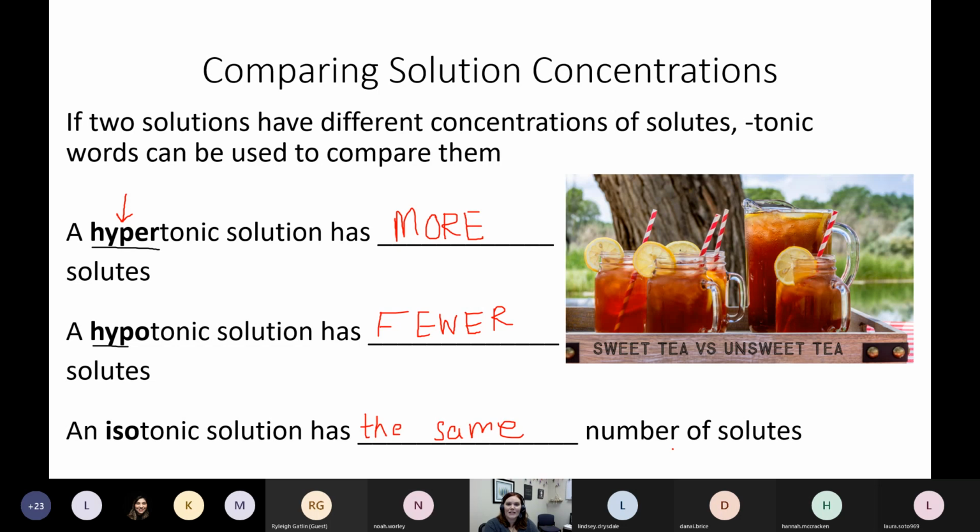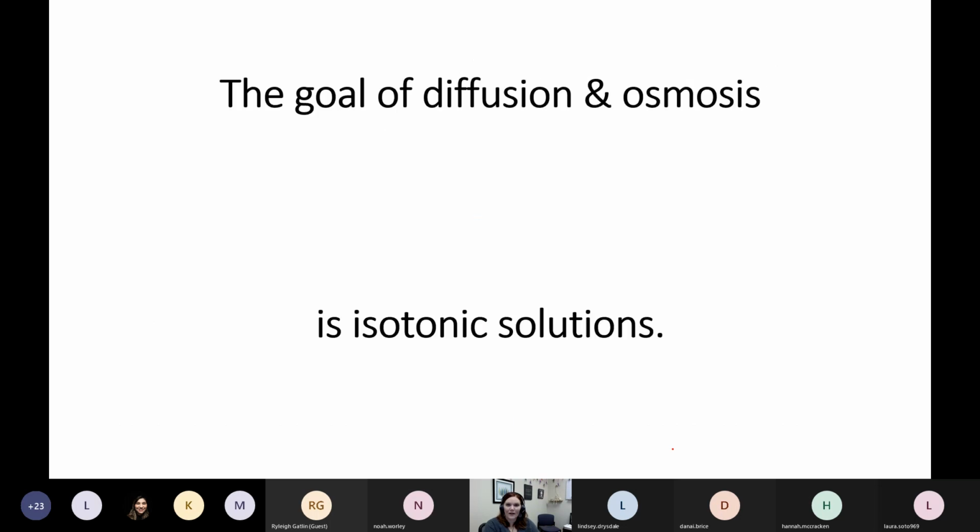The reason these tonic words matter, you've got this statement in your notes. Can anyone tell me in the chat, what page do we have this on? Are we still on 7 or have we moved to 8 now? We're still on 7, says Dusty.